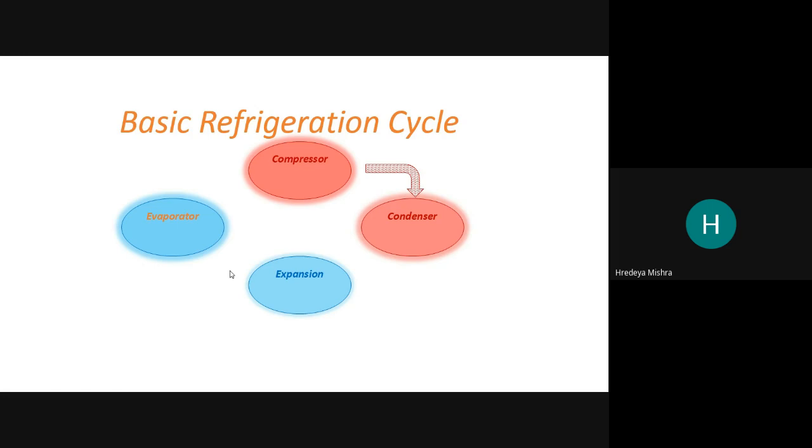Here, the compressor compresses the vapor, then the condenser condenses it, and the condensed refrigerant goes to the expansion device. In the expansion area the volume increases and the pressure decreases. Now, with the increased volume it is liquefied, and this liquid goes to the evaporator, where it changes phase from liquid to gaseous form.